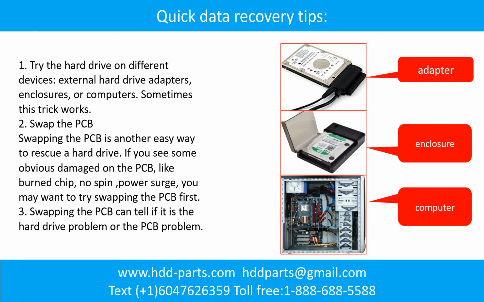Another way is swapping the hardware PCB board. Swapping the hardware PCB board can fix the problem caused by the PCB board. There is a cost in swapping the PCB board, but it is way cheaper than sending the hard drive to a data recovery firm.